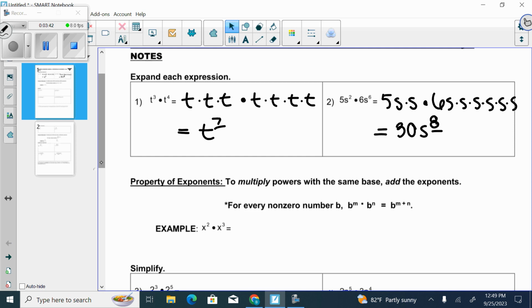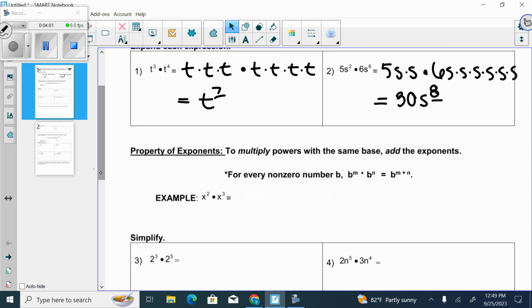So here, it says this works for any non-zero base. So as long as your base is a t or an s or an x or a number, as long as it's not 0, you can use that rule, where you add the 2 exponents to get your final answer. So now that we have that rule, x squared times x cubed would be x what?